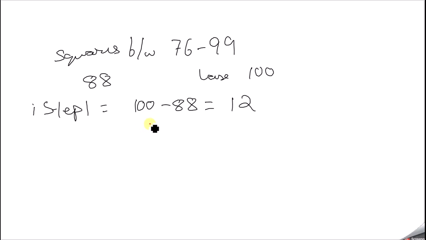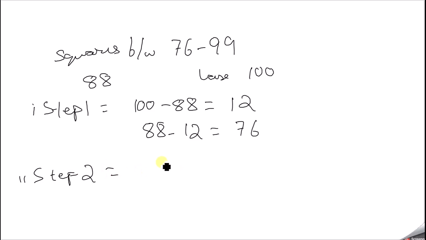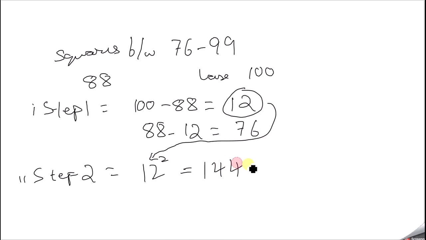Then we do one more: 88 minus 12, which is 76. Step 2 is squaring this difference: 12 square is equal to 144.